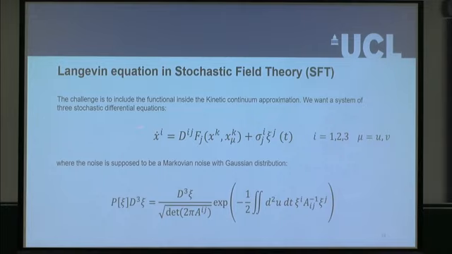This system must have as a limit the classical nucleation theories, of course, and we add three stochastic variables that are basically a white Markovian noise with Gaussian distribution. Since we don't know much about the noise the system has, this is the best guess we can use, also the easiest choice we can make.